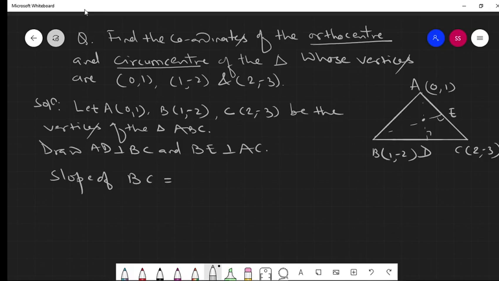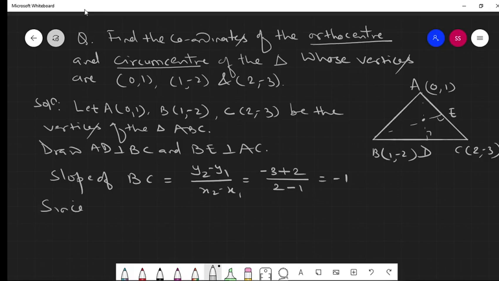It is (y2 minus y1) over (x2 minus x1), that is minus 3 plus 2 over 2 minus 1, equal to minus 1. So we find the slope of BC.